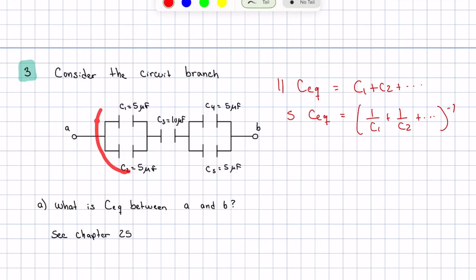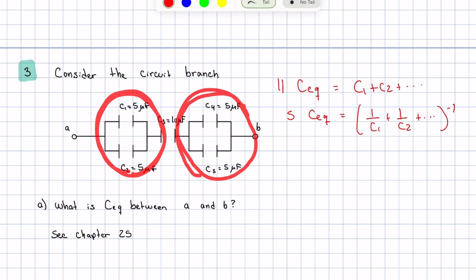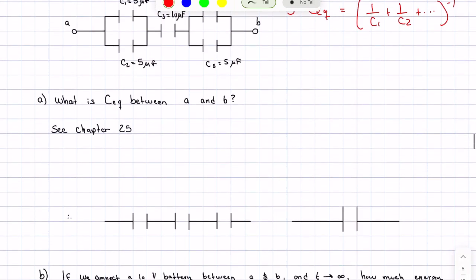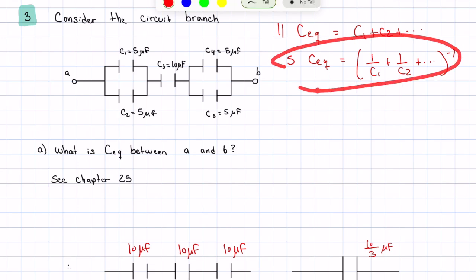Hopefully you notice here, these are in parallel and these are in parallel. So that means that this is going to be 10 microfarads, 10 microfarads, and 10 microfarads. These are all in series. I add them up and I get 10 over 3 microfarads. So just to remind you, I use this equation here, and then that's what I get for the equivalent capacitance.